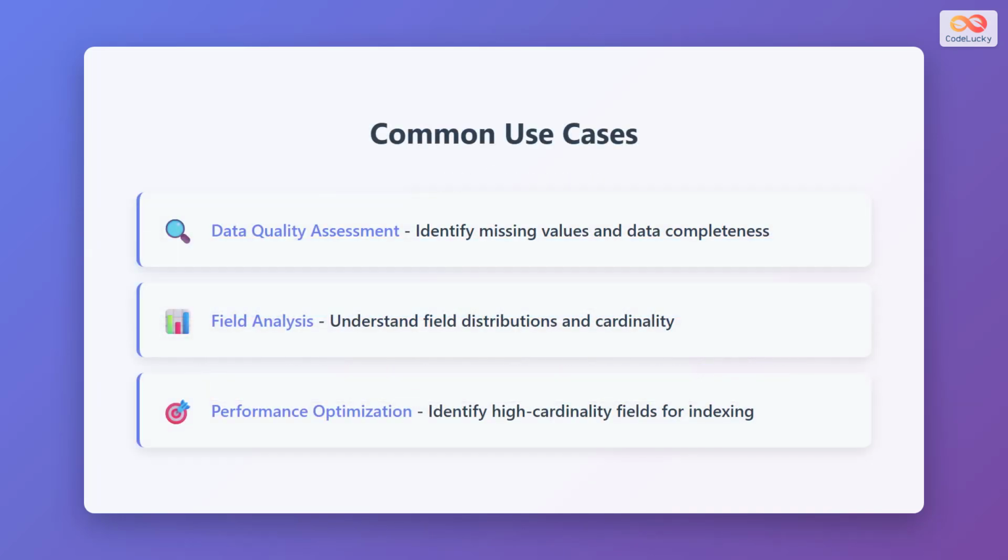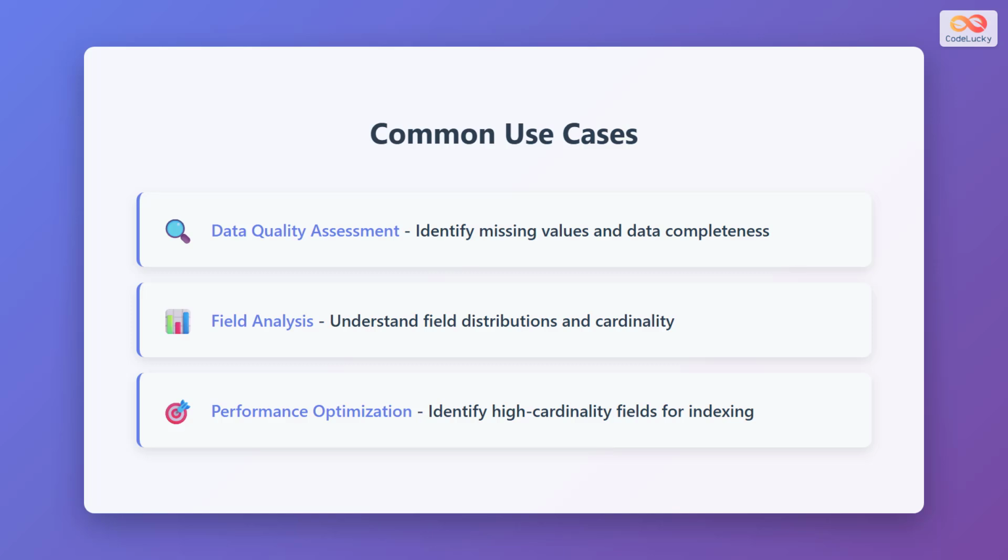The Field Summary command serves several important purposes in data analysis. For data quality assessment, it helps you identify missing values and understand data completeness across all your fields. You can quickly spot which fields have gaps in data or are consistently populated. For field analysis, it provides insights into field distributions and cardinality, helping you understand how diverse your data is.